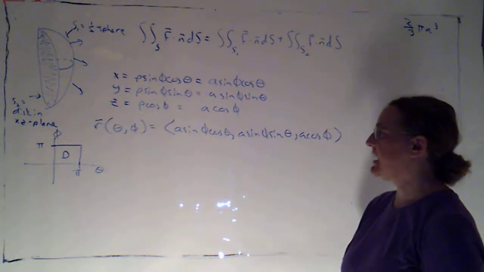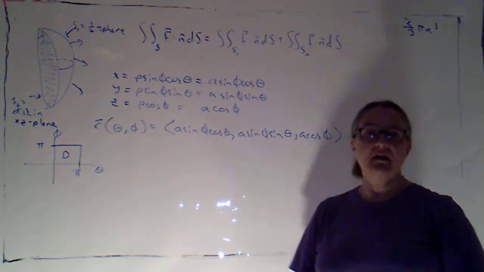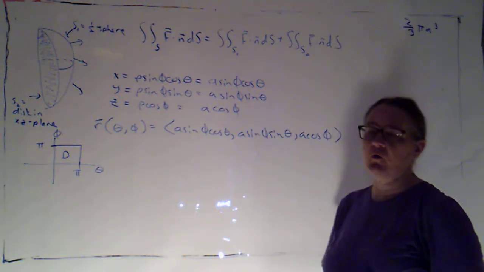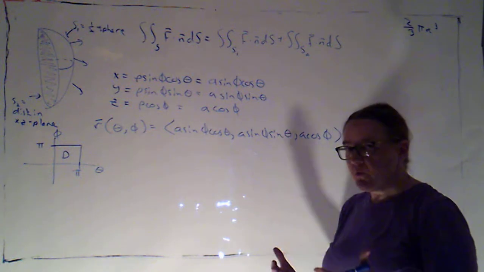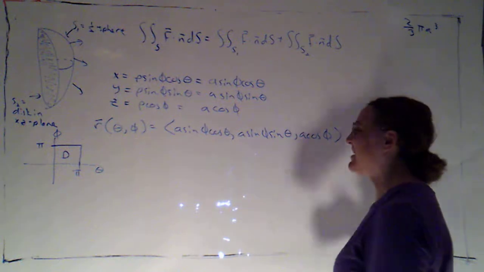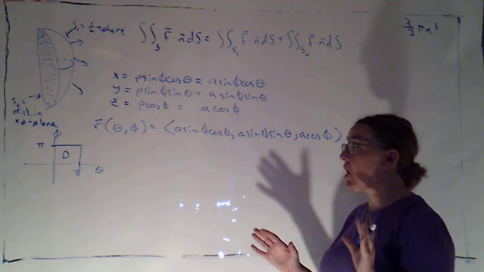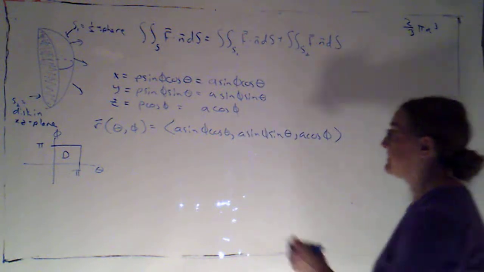You might remember whether this gives you an outward or an inward orientation. If so, great, but I still want to see the work to check. And if you don't remember, that's fine, we're going to have to check. But remember, that's an important part of these problems.